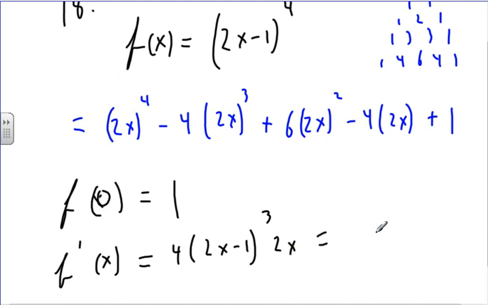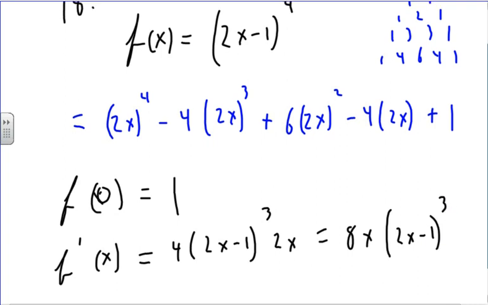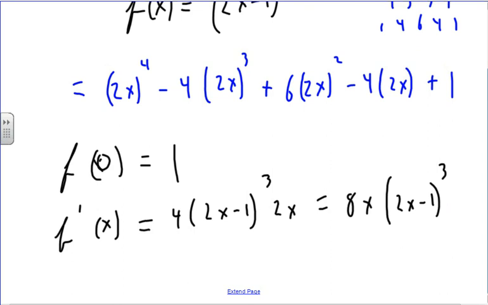So I'm going to have 8x times 2x minus 1 cubed. Very interesting. F prime at 0 is minus 1.